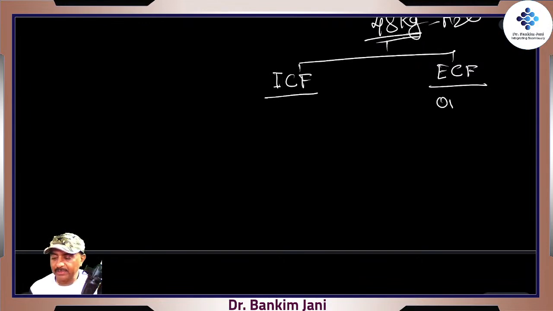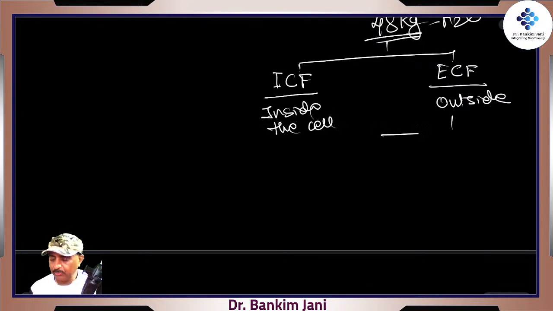Extracellular fluid is outside the cell. Outside the cell, that means it has got two areas. One is between the cells, which we'll call interstitial fluid, the fluid between the cells.